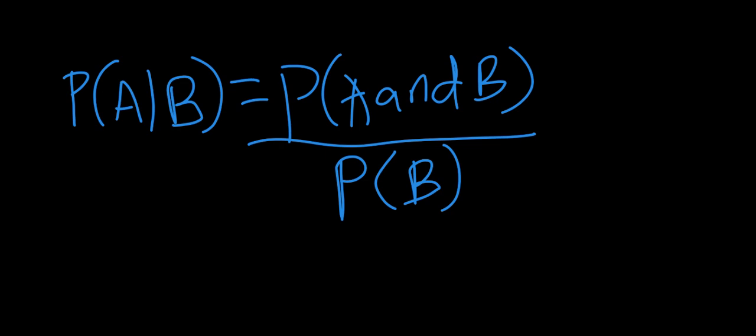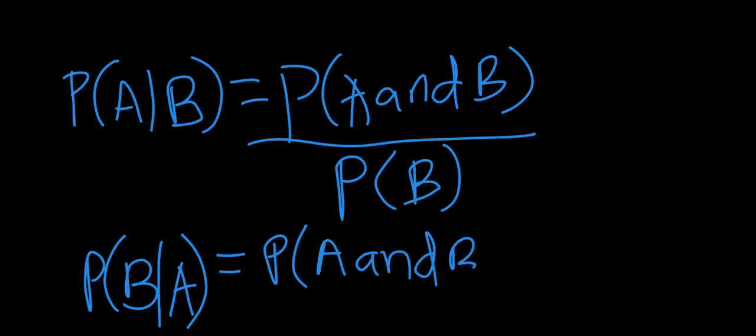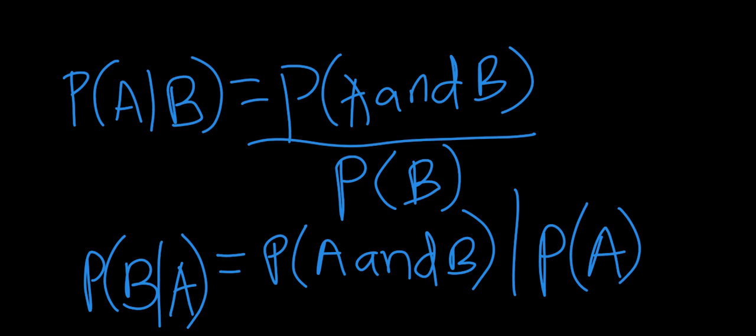In the same sense, the probability of event B occurring given that A has already occurred is the probability of A and B divided by the probability of A.